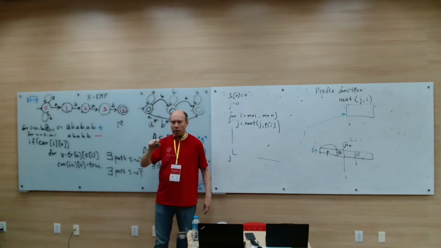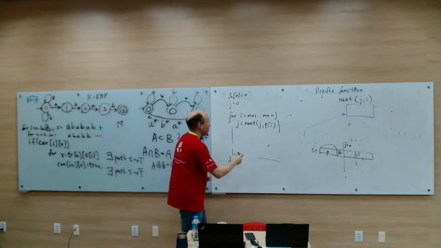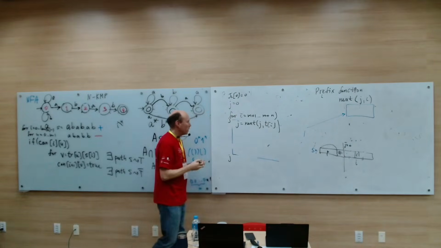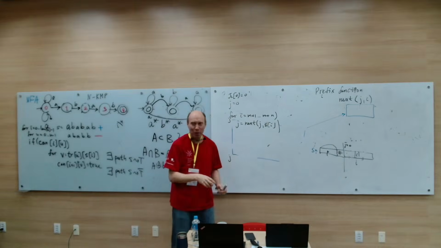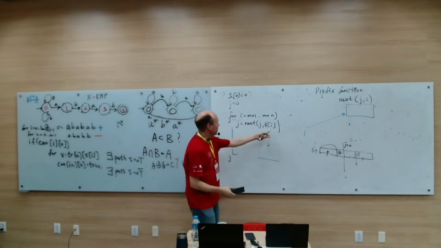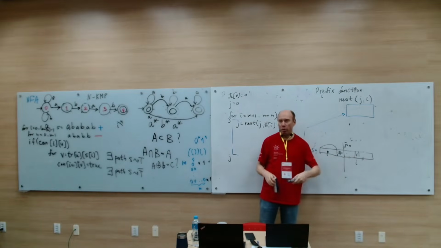We have calculated pi for the pattern only, and now we only have text. We can move to si with i from m plus 1 to m plus n. This part is actually only text characters.